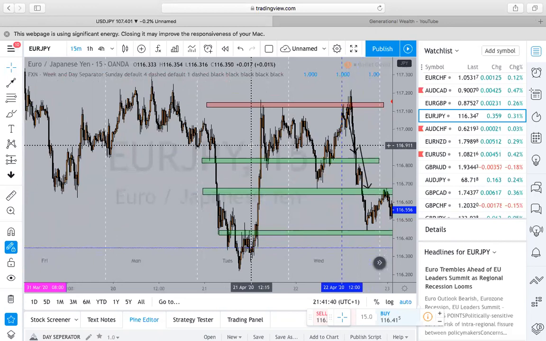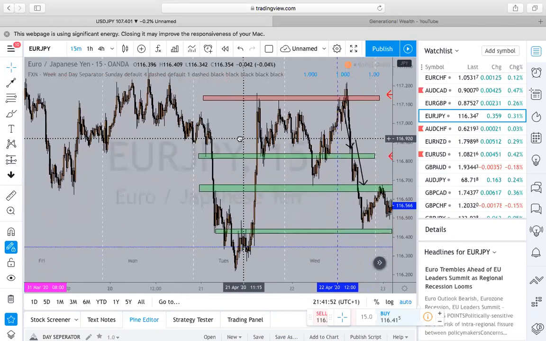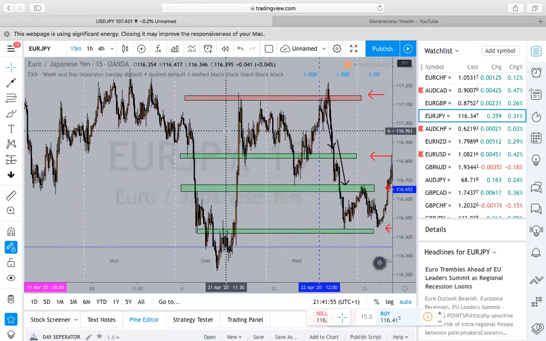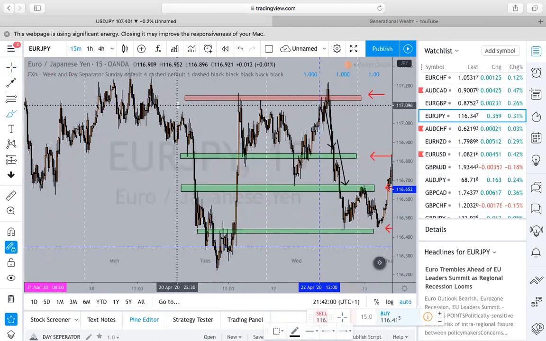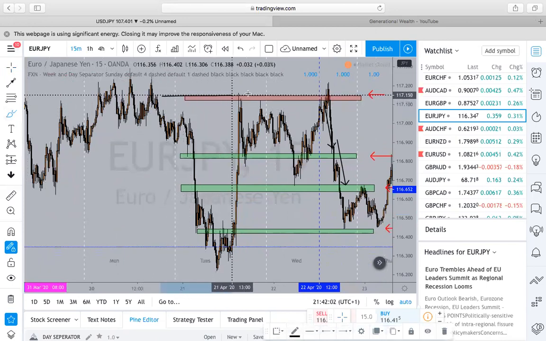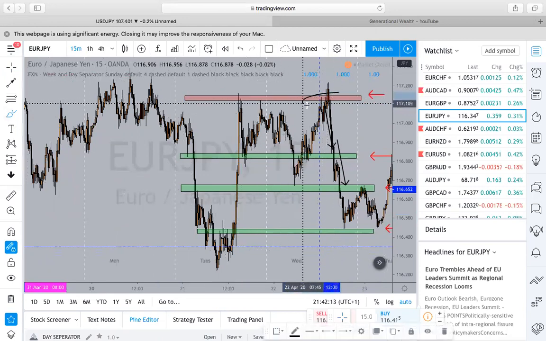This example I got here was from last week on EJ, which we caught last week actually. So if anybody actually held that trade, they would have been in a massive amount of profits. So for example, we have our high right here of Tuesday, and then we have the high of Wednesday right here.